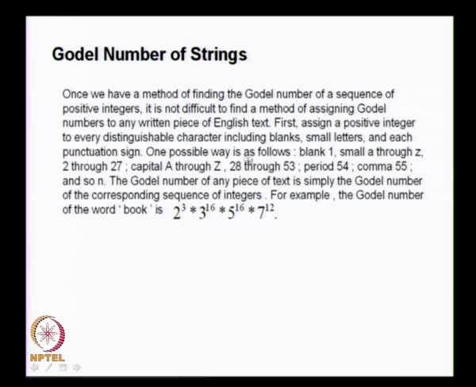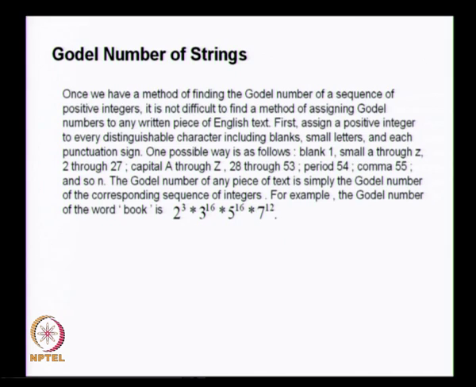One possible way of doing this will be blank you denote by 1, small a to small z you denote by numbers 2 to 27. Small a stands for 2 and 3 stands for small b, 4 stands for small c, and so on. Then capital A through capital Z use the numbers 28 to 53.